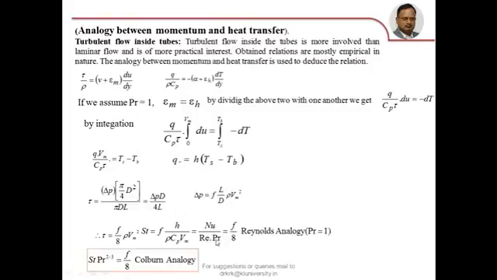Hence, we can say that the Stanton number, which is nothing but the ratio of Nusselt number by Reynolds number into Prandtl number, is equal to f by 8. This tau by rho Vm square becomes the ratio of Nusselt number by Reynolds number into Prandtl number.